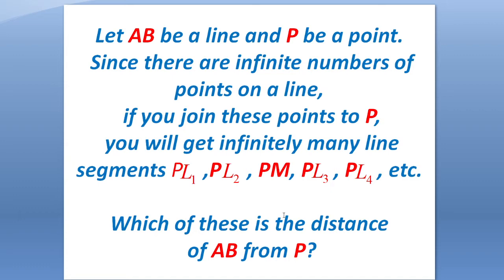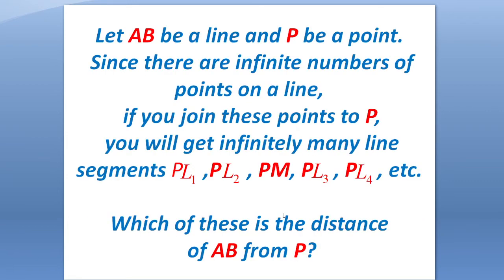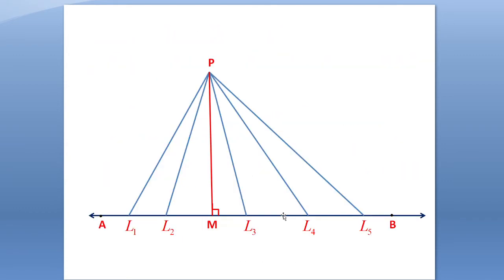Since there are infinitely many points on a line, if you join these points to P, you will get infinitely many lines. See your first figure. It says AB is a line and P is a point. So where is P? P is outside of the line.